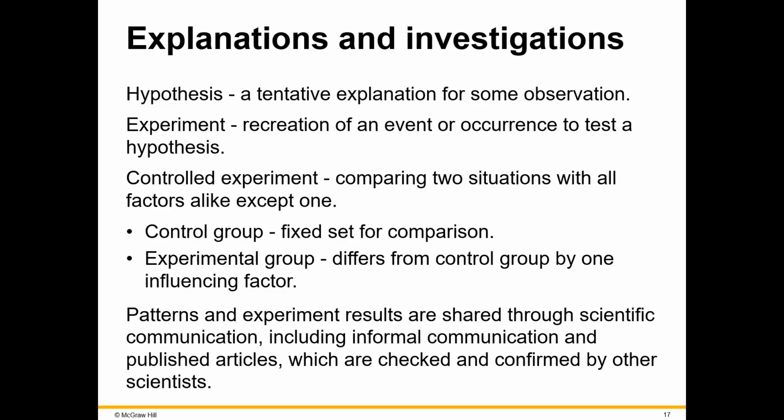So what you would do is called a controlled experiment, where you have two fields that are the same in everything, from the soil content to ideally the amount of sunshine, and if they're right next to each other, you would assume they would have the same bugs or pests. So the control group would be the fixed group that does not have the fertilizer, but the experiment will be that one thing that's different, the one thing that differs from the control group.